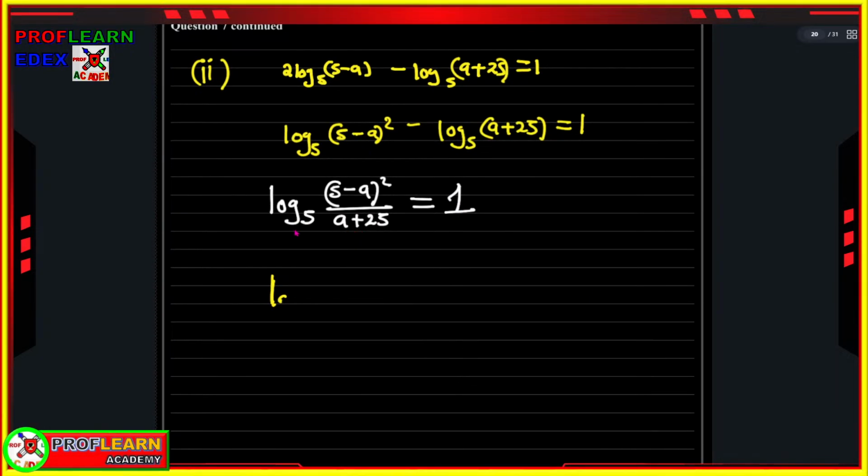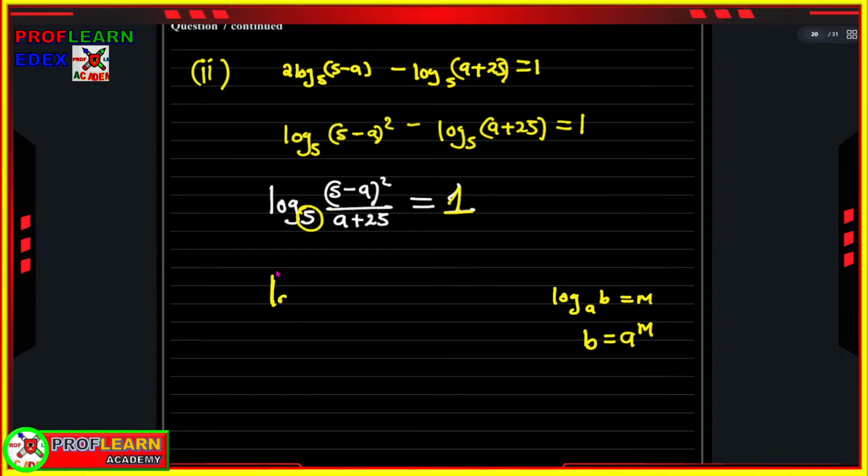Now, using index notation, if log b base a is equal to m, we can write this as b is equal to a raised to the power m. So we are going to take 5 raised to the power 1 here, and do away with the log.